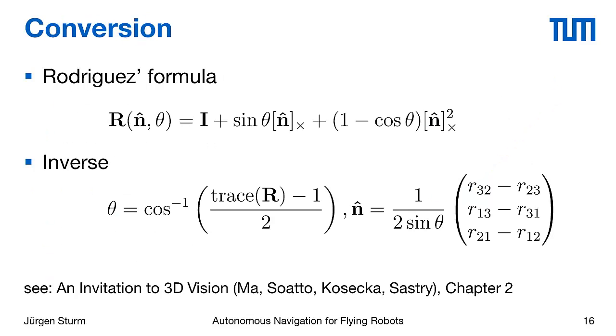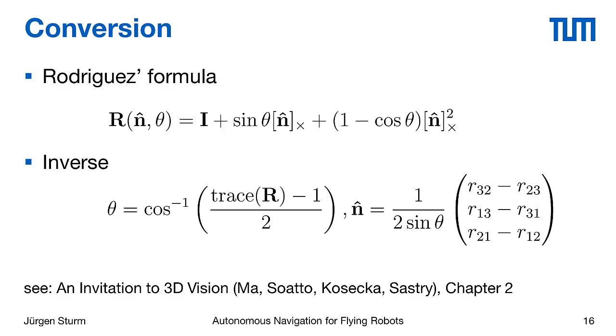Good. There are again formulas to convert from Euler axis angle to rotation matrices and back. From axis angle to rotation matrices, the conversion formula is called the Rodrigues formula, as given here, and the inverse is also given here.